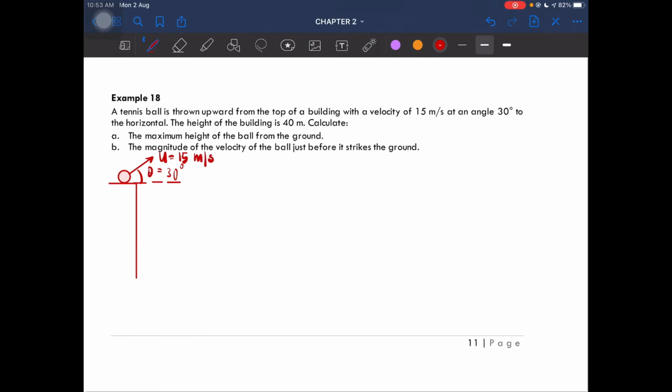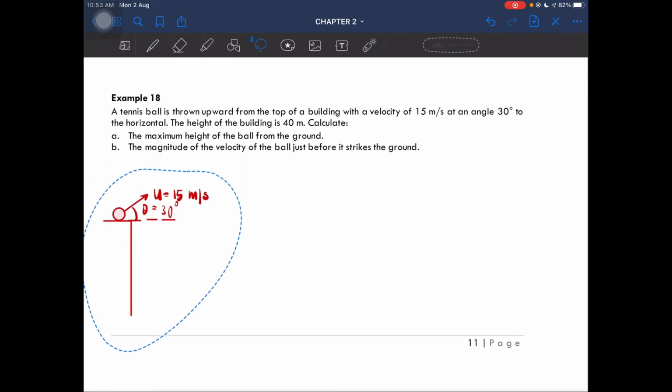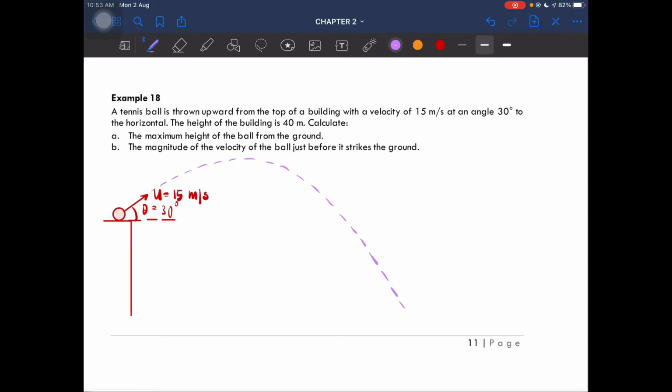Okay, so if we were to draw the projectile there, it would be something like this, its motion, its journey.